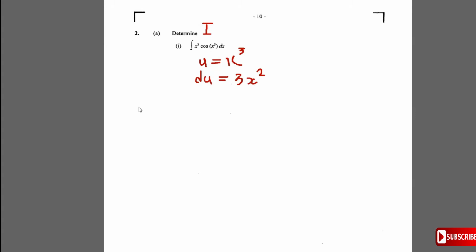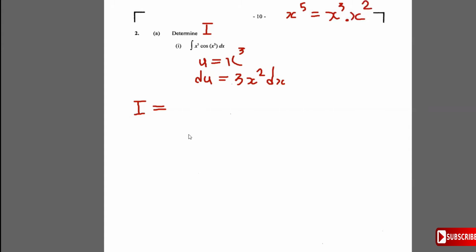So now I is going to be equal to, and remember du is 3x squared dx. Now this x to the 5th can be broken up as x cubed times x squared. I can always separate x to the 5th as x cubed times x squared.